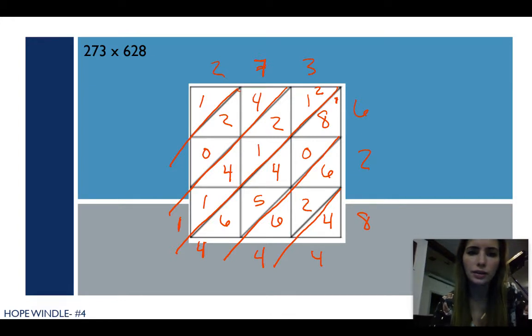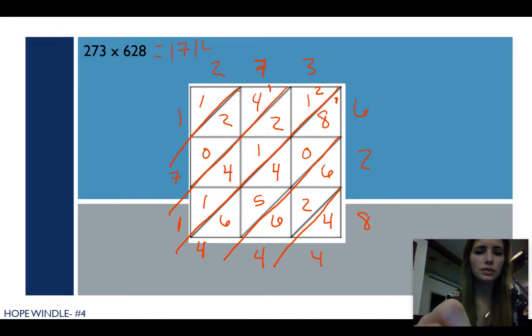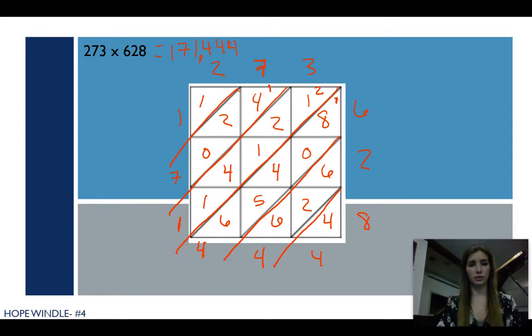We're going to bring this here. 5, 6, 7, and we're going to say 1. So now this is going to be our total here. So our answer is actually going to be these numbers here. We can put a comma right here. So 171,444.